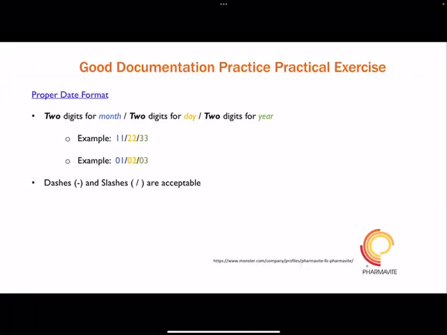For the date, the proper format is 2 digits for month, 2 digits for day, and 2 digits for year. Please note that it is also permissible to use 4 digits for the year.